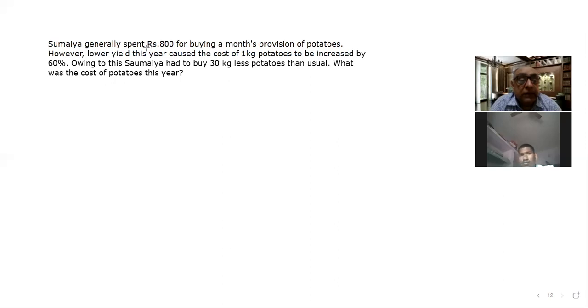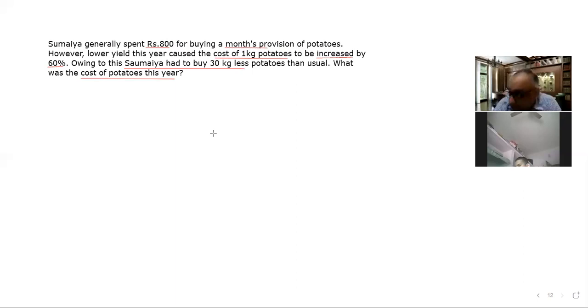Rupees 800 are spent for buying a month's provision of potatoes. Lower yield this year causes the cost of 1 kg of potatoes to be increased by 60%. Owing to this, Sumaiya had to buy 30 kg less potatoes than usual. So what was the cost of potatoes this year?